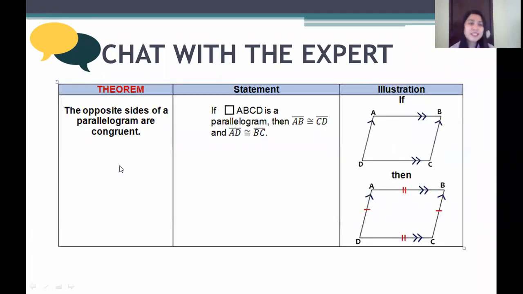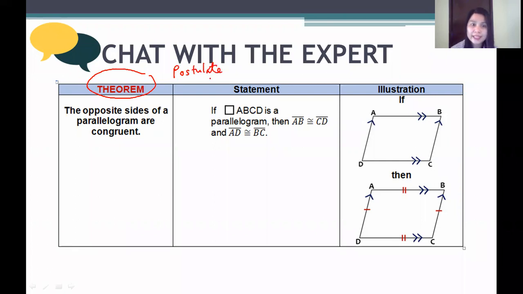Now, we have some theorems. What is a theorem? In mathematics, especially in geometry, and we're now in geometry, we keep on hearing the word theorem. A theorem is a statement that is only accepted if there is a proof. The other is what we call a postulate.